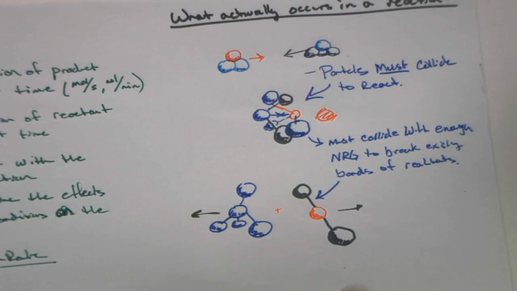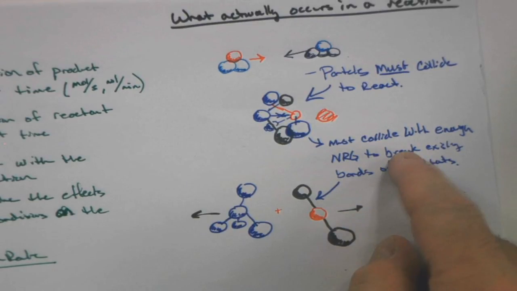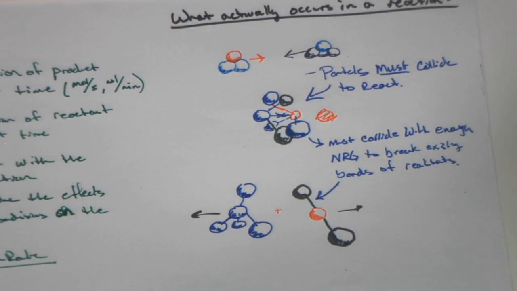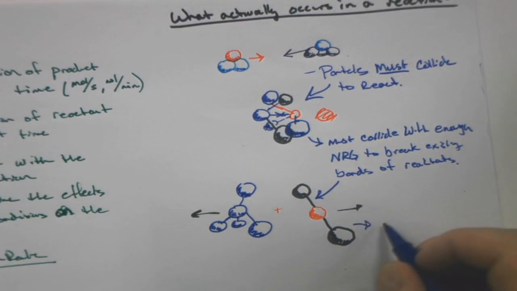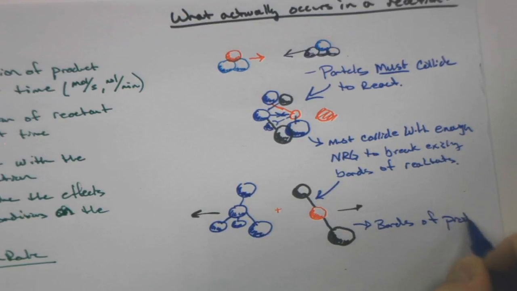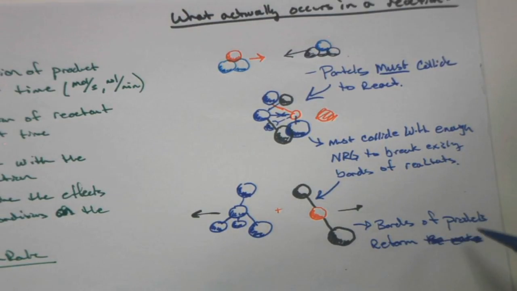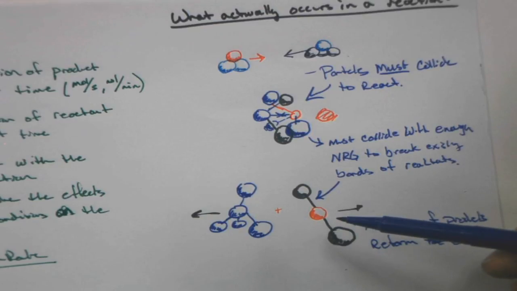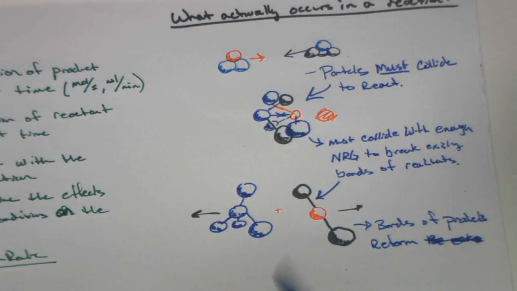So only then do we have enough energy for them to break the bonds of the reactants, and then the bonds of the products reform. So we broke the bonds of the reactants when they collided, and then when they come back together, some of the energy gets absorbed to make new bonds.